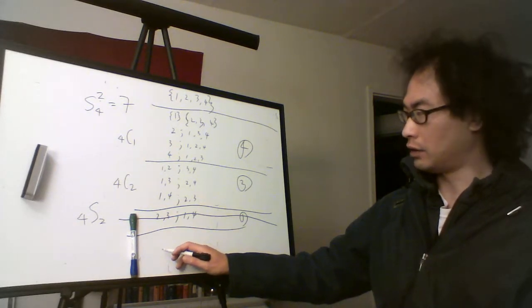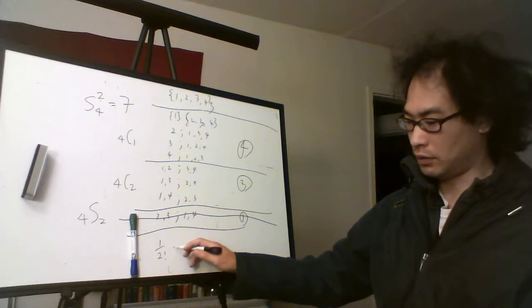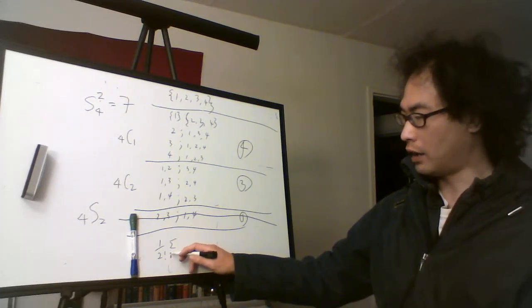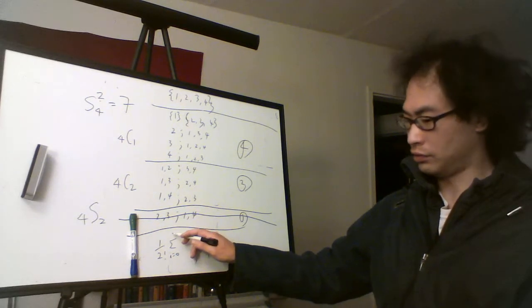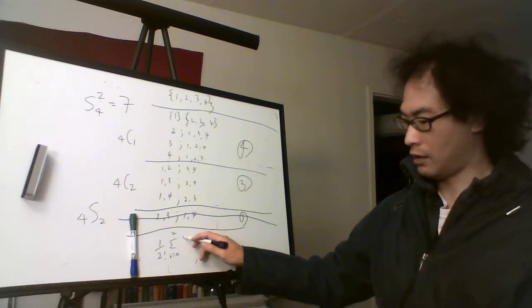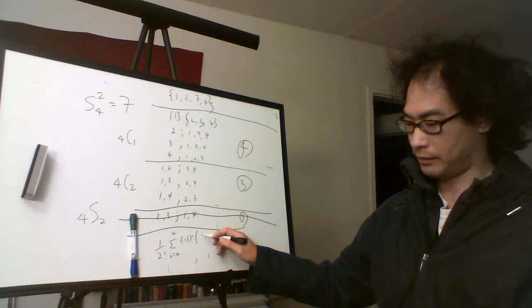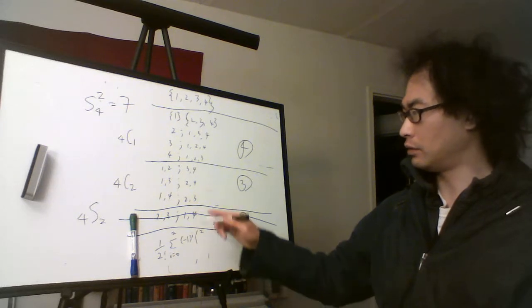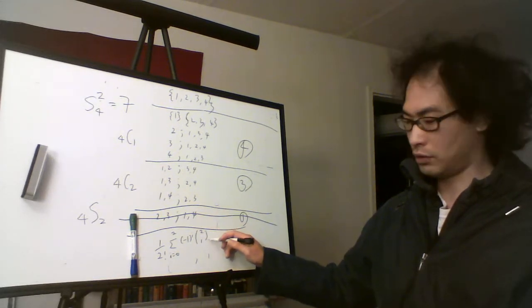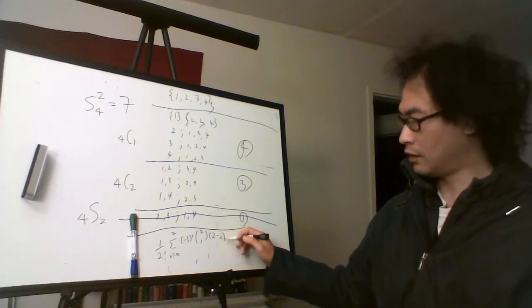According to the formula, it's like what? 1 over 2 factorial, sigma, i from 0 to 2, minus 1 to the i, the binomial coefficient 2 choose i, times 2 minus i to the nth.